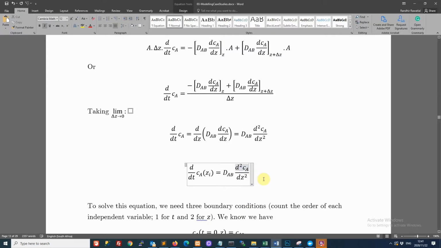So Ca at Zi, so the concentration at some specific Z position. So A concentration is changing at that position Zi. So that's changing in time due to the gradients across that concentration. So due to what the neighbors are doing, right? That's how you can read this, right? The neighbors are causing there to be a net diffusion flux. That's going to cause A to change in time as well.